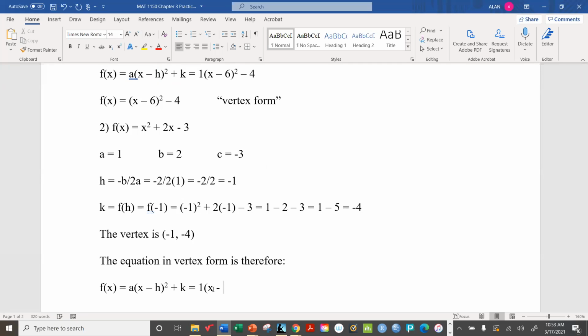That's A. X minus -1 squared minus 4. Therefore, you can just write it as x plus 1 squared minus 4. If you have any doubts about whether you've done it correctly or not, you can just expand this with FOIL, add the -4, and you should end up back where you started, right here.